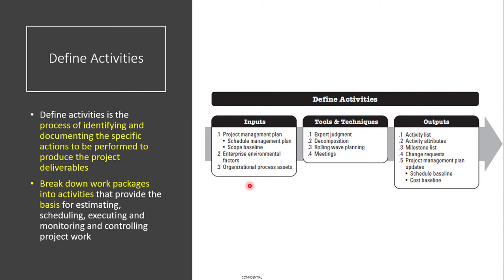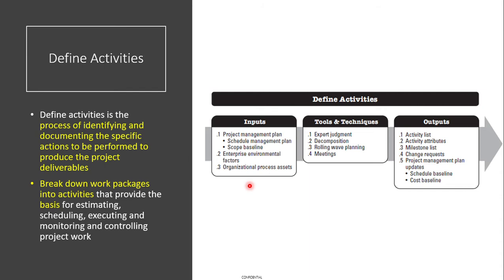So this process is all about breaking down the work packages into activities that will provide us the basis for scheduling under Project Schedule Management and also for costing under Project Cost Management.